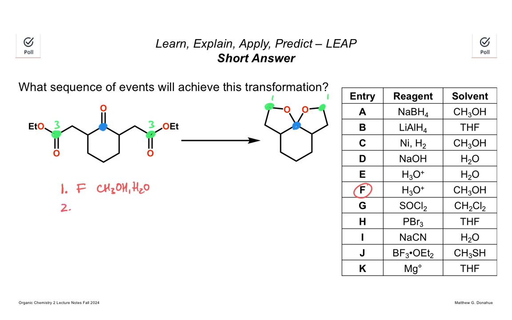Then step 2 would be B, which is your reduction of the esters. And then the last step would be E, where you're treating with an excess of water and hydronium.